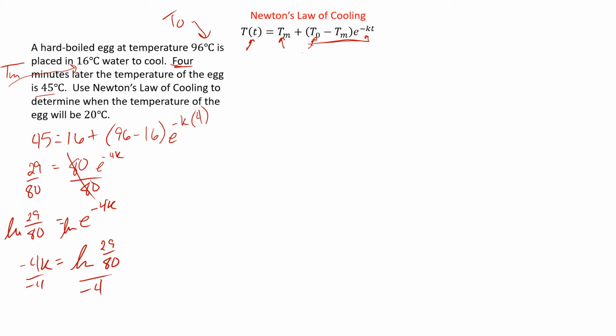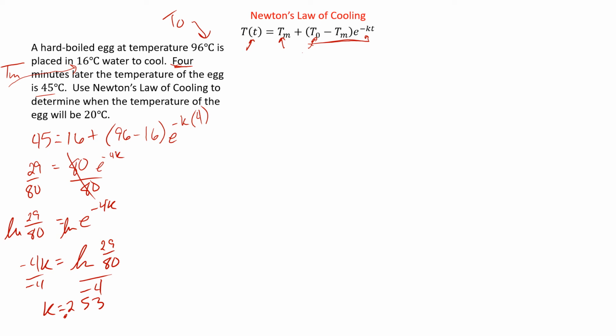And just like before, don't be rounding. I would actually get to here, and then I would just put this into my calculator. And at that point, we get k equals about 0.253. So k equals 0.253.